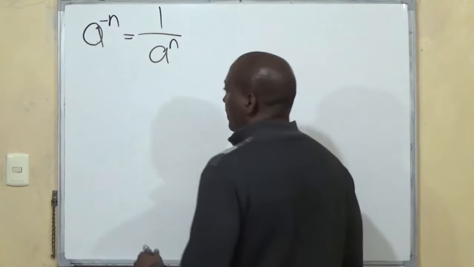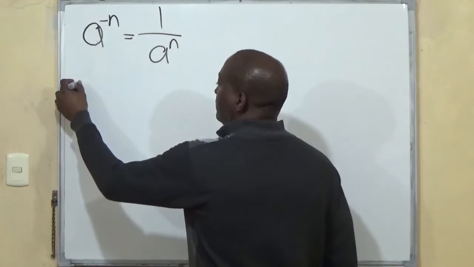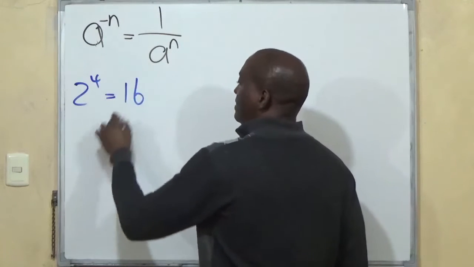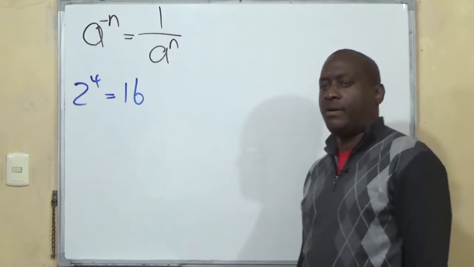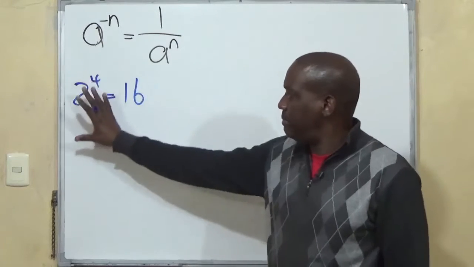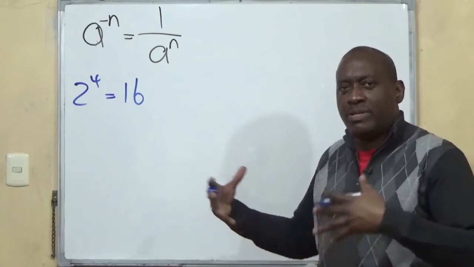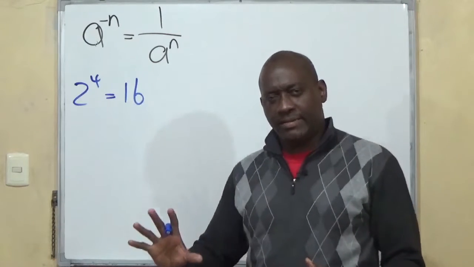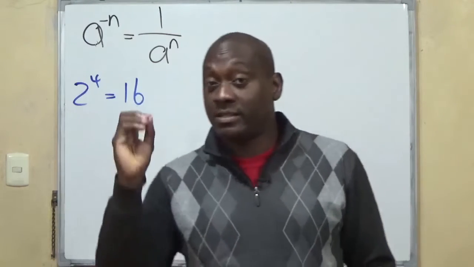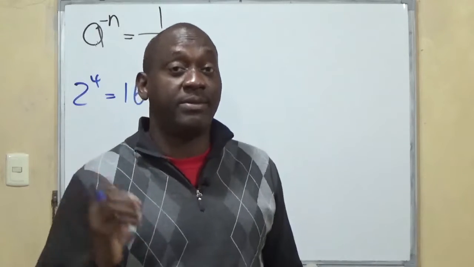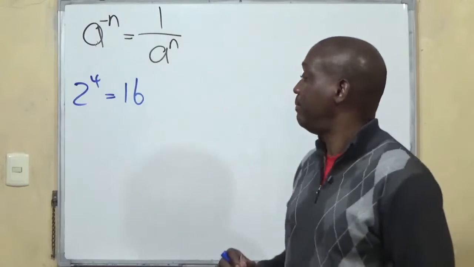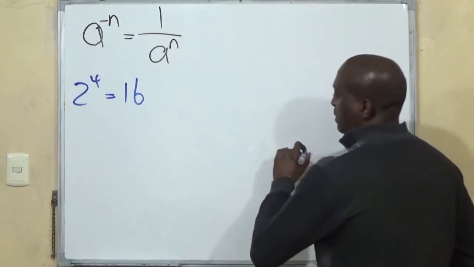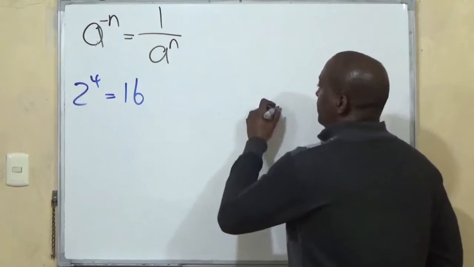So consider the following. We know that 2 to the power of 4 is 16. Alright, I am deliberately using some powers here that we're probably not too familiar with, just so that it could leave a little imprint in your mind, just due to the fact that you would have seen it in this video here with me.